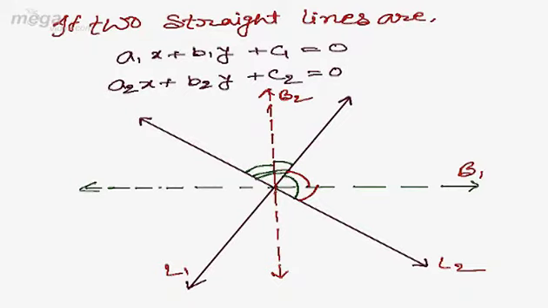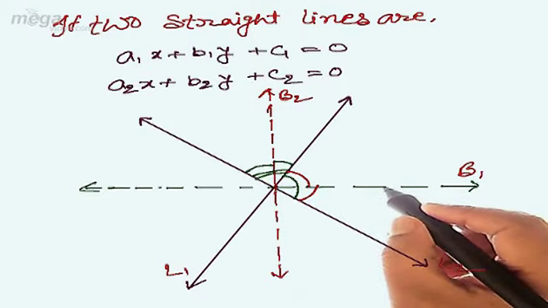So student, in the last class we did the distance of a point from a given straight line, and in class 9th or 10th you did that any point on the angle bisector is equidistant from the two given straight lines.